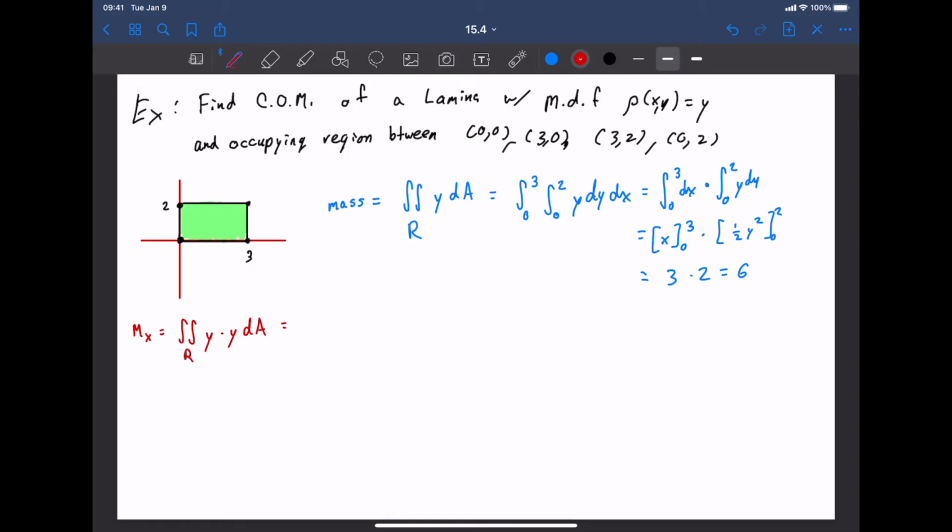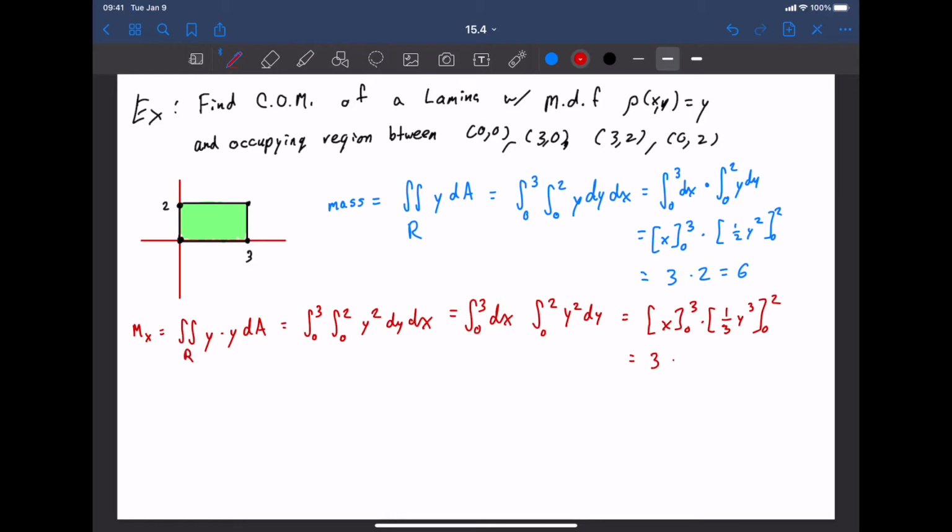So, if you were careful, you would get pretty much the same thing, dy dx. You could break it up the same exact way because it's still a rectangle. X from 0 to 3, 1/3 y cubed from 0 to 2, 3 times 8/3, or 8.